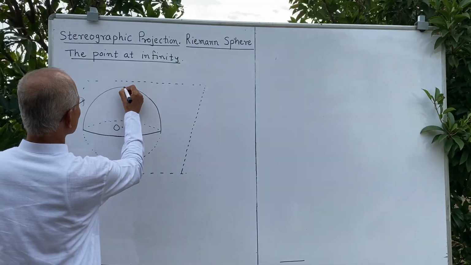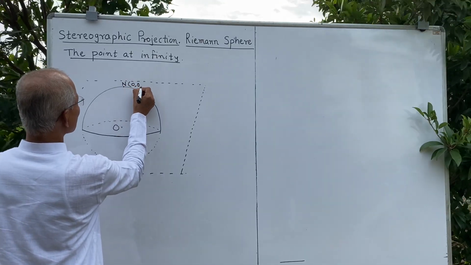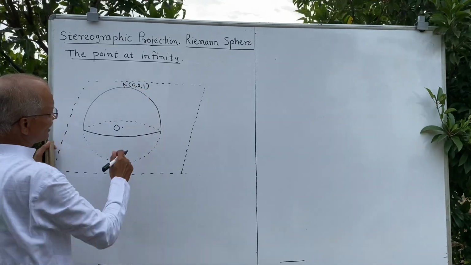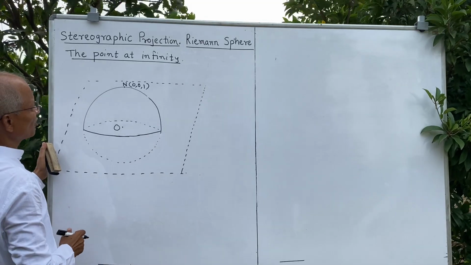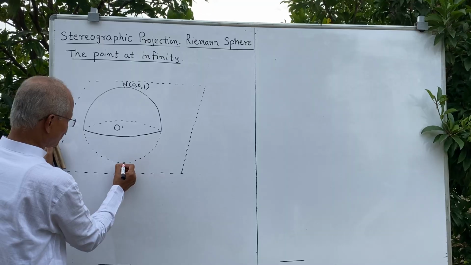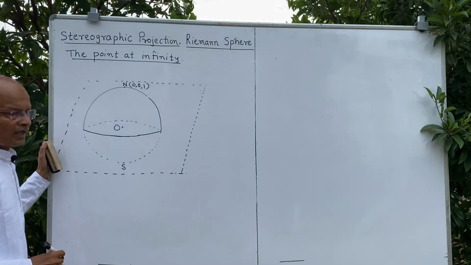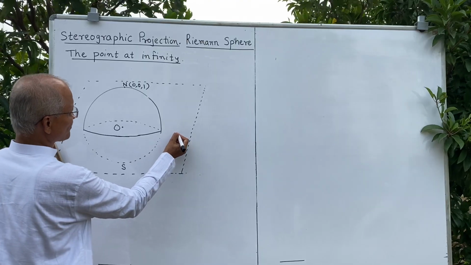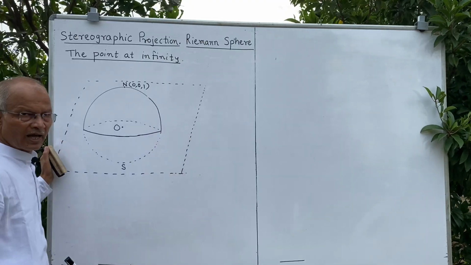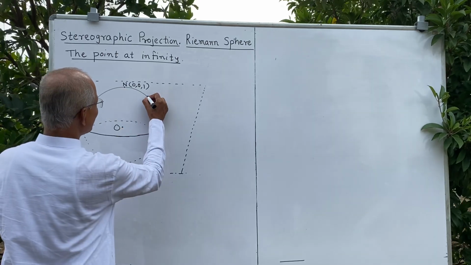N is the north pole, and because the sphere is of radius 1, we will denote the coordinates of the north pole by (0, 0, 1). Now this is the south pole, and this is the complex plane, the z plane. Now for every point in the complex plane, we draw a line passing through the north pole, and that line will be like this.